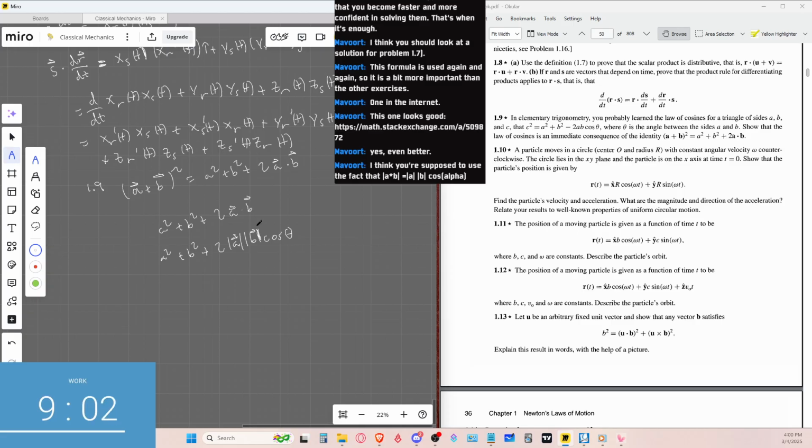Okay, next we have to prove that this is equivalent to vector a plus b squared. Meaning that we would probably have to get a and b and the 2 here out of the way.